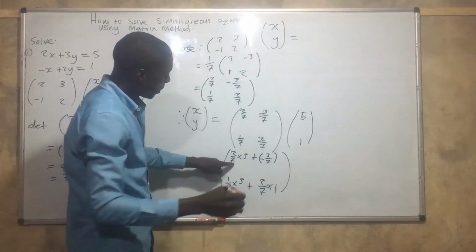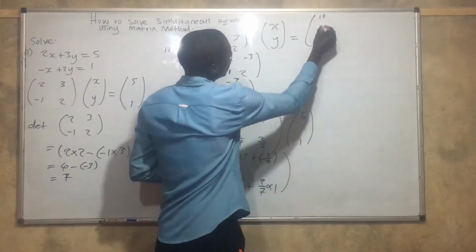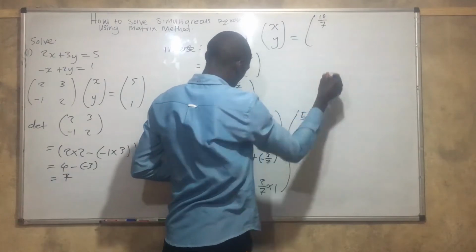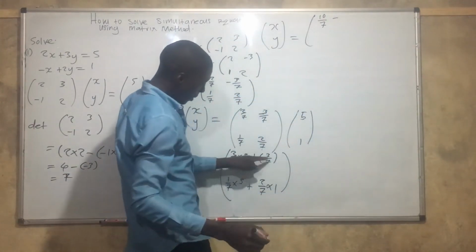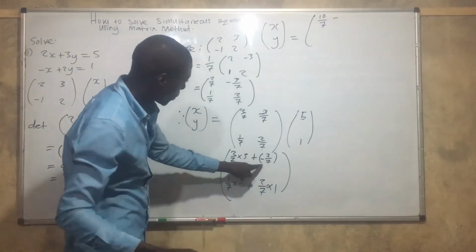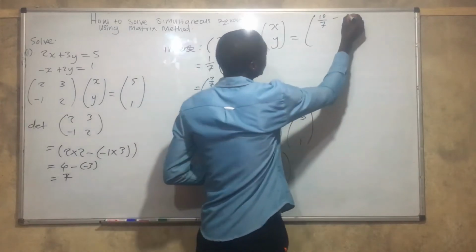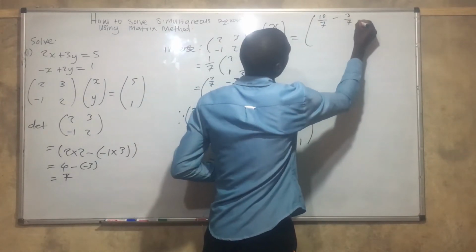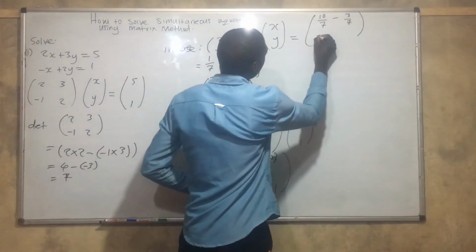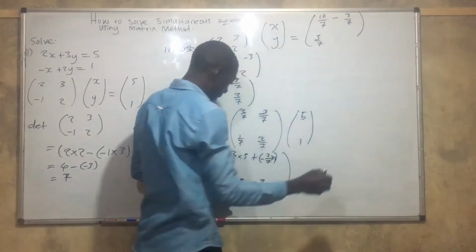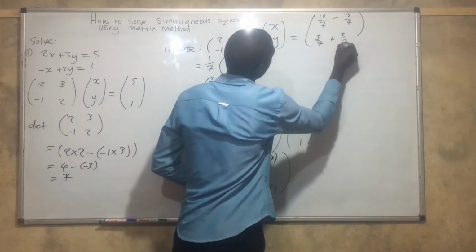When you multiply this, it will be 10 over 7 minus 3 over 7. Then at the bottom we have 5 over 7 plus 2 over 7.